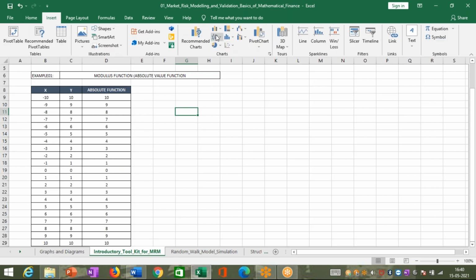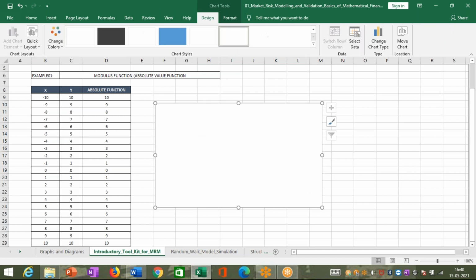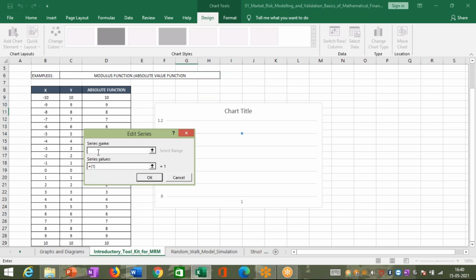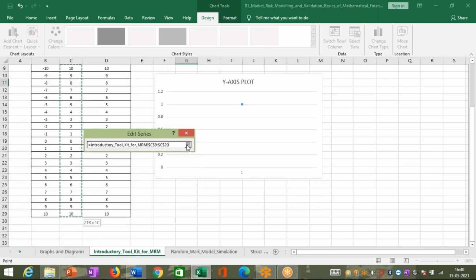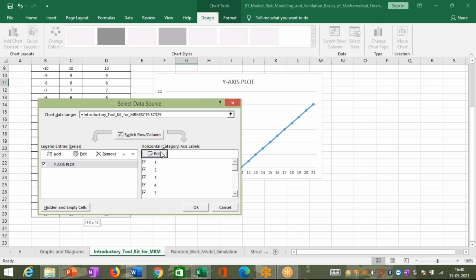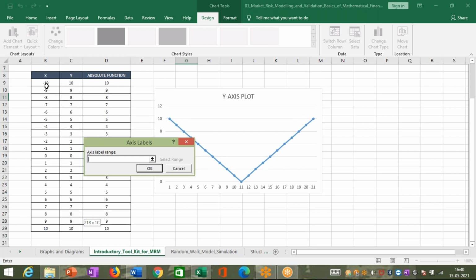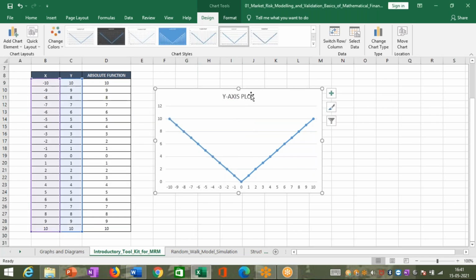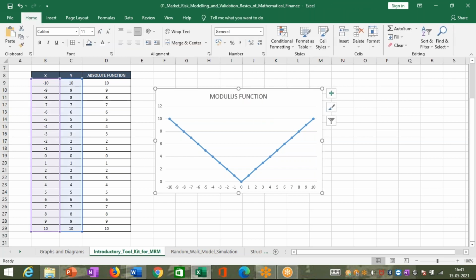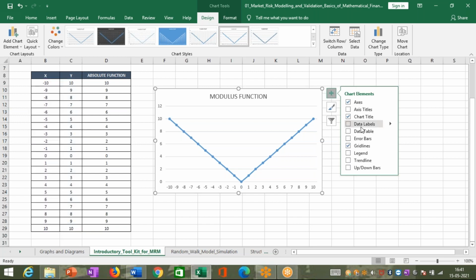So this is the plot of the modulus function.